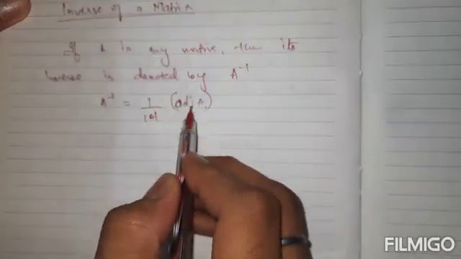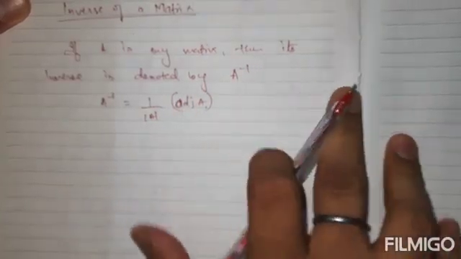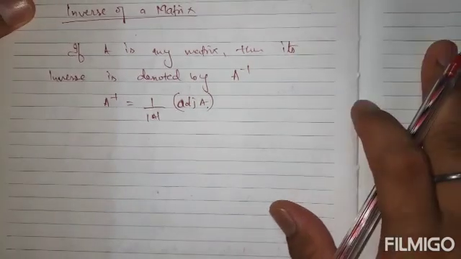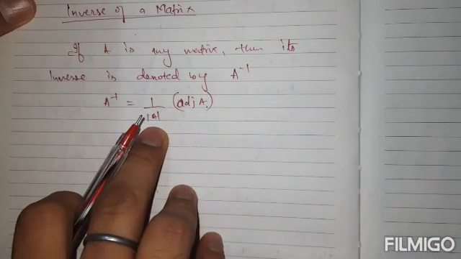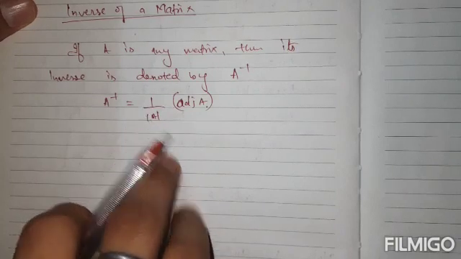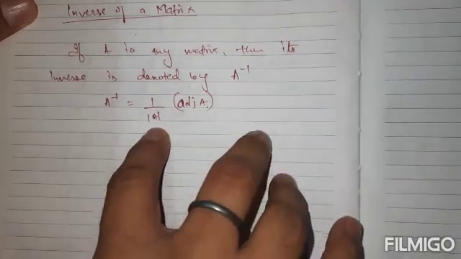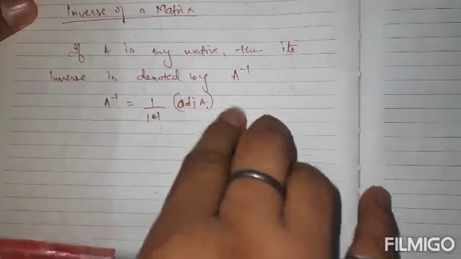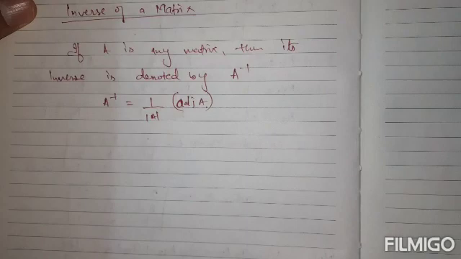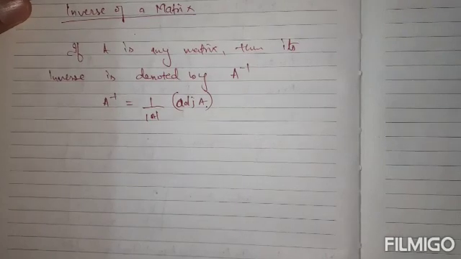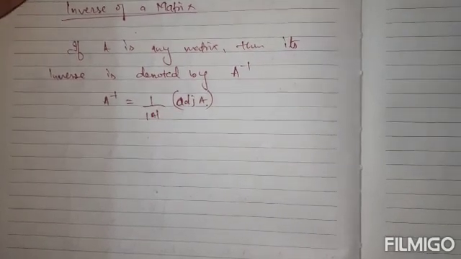We have to first find the adjoint of the matrix for finding the inverse, and then divide that matrix by the value of mod A, the determinant of A. This determinant divides each element of this adjoint, and the matrix so obtained will be the inverse matrix of A. See, what does inverse actually mean?